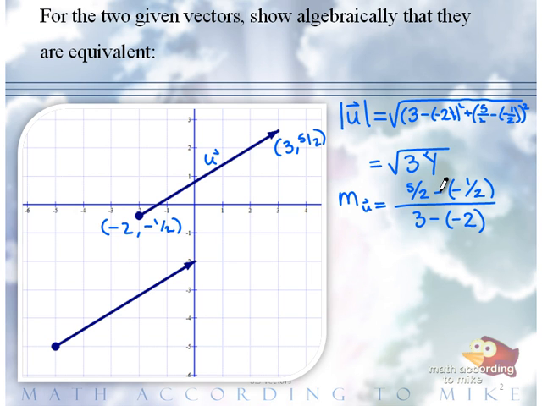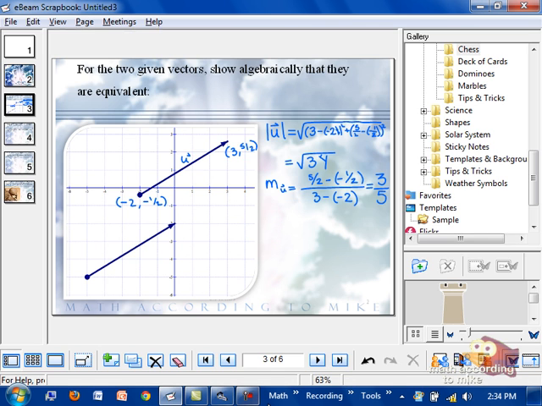So your slope is 3/5. If you would, please find the slope and magnitude of the other vector as I try to close more programs.